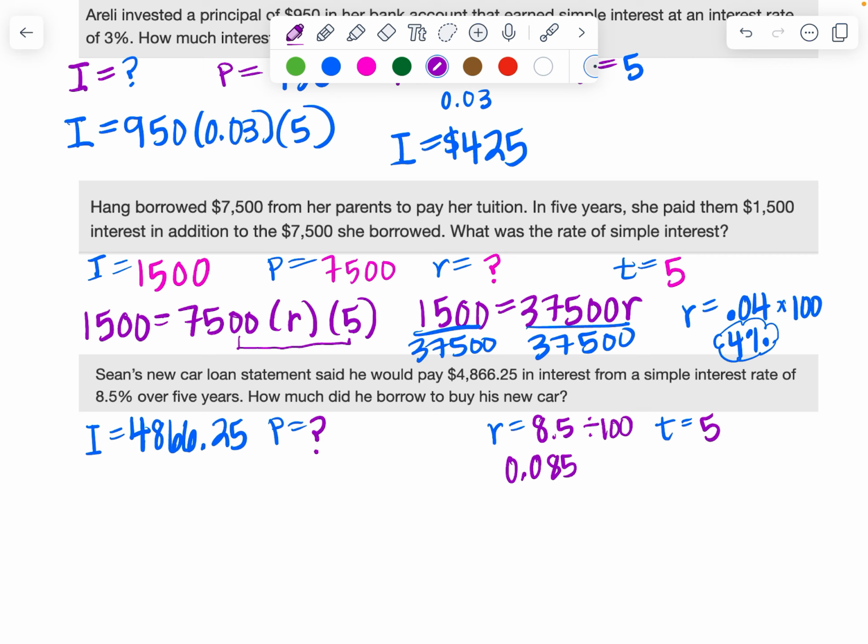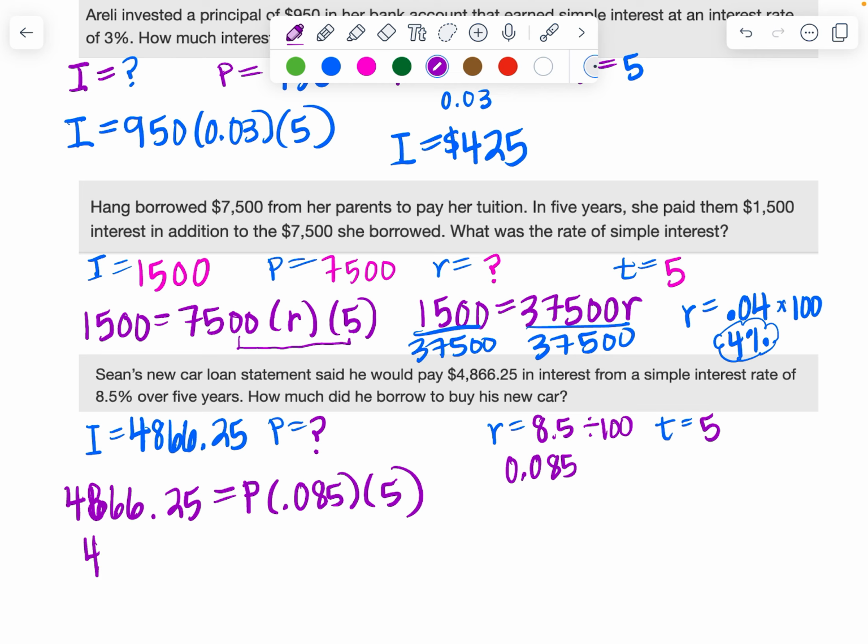And we are looking for how much he borrowed. So we're looking for the principal. Plugging this into our equation, $4,866.25 equals P times 0.085 times 5. Everything seems to be 5 years here for some reason.